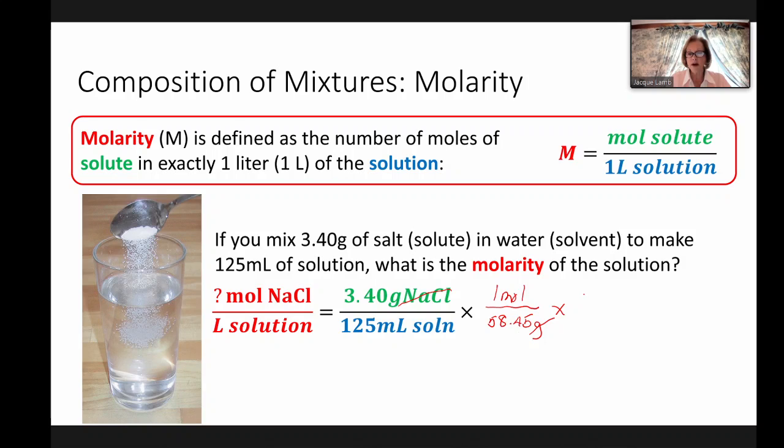So we have 1,000 milliliters is 1 liter. That's going to allow us to convert milliliters to liters, and we end up with 0.465 molar.